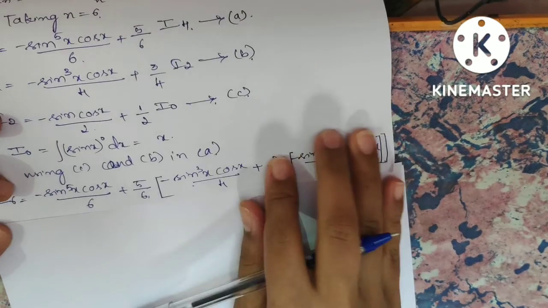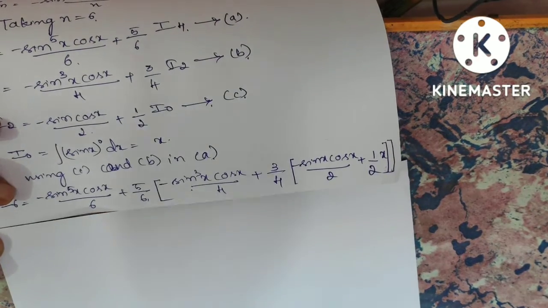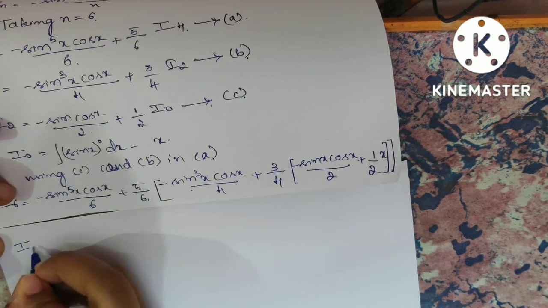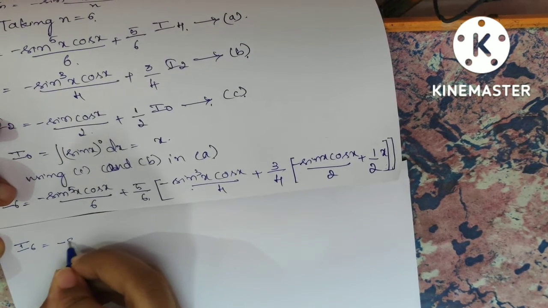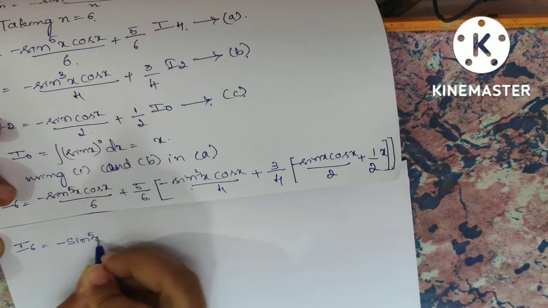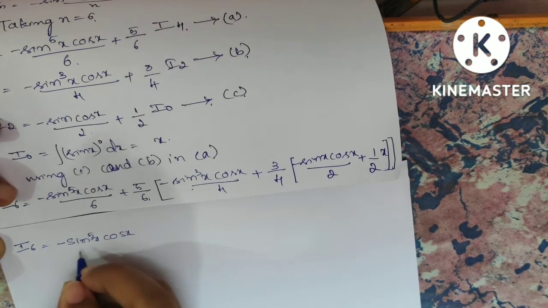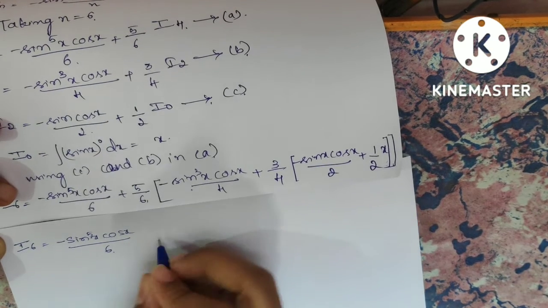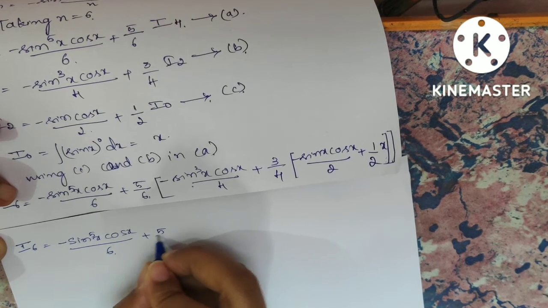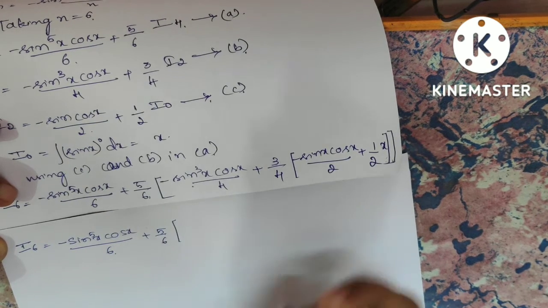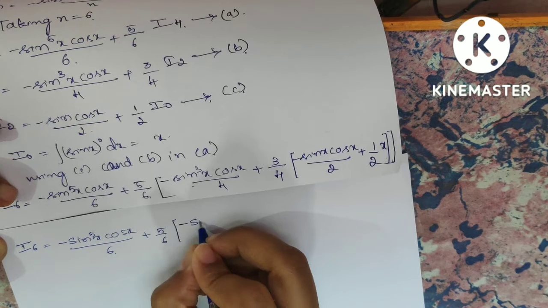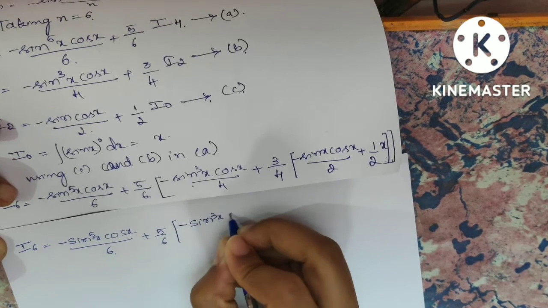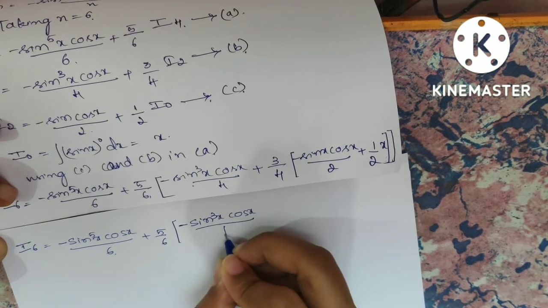Now simplifying, we get I6 equals minus sin power 5x cos x by 6 plus 5 by 6 times the bracket of sin cube x cos x by 4.